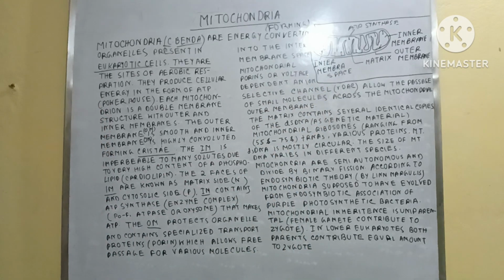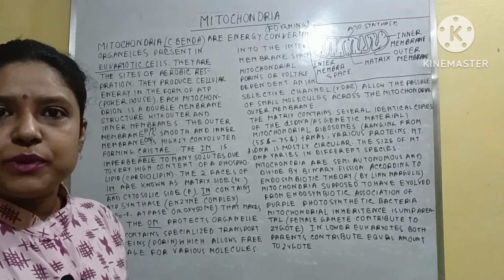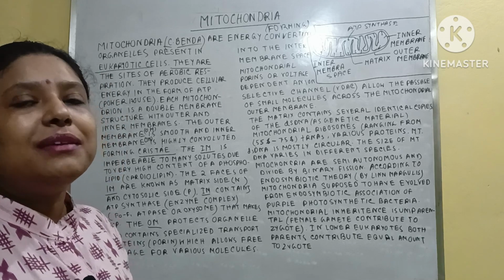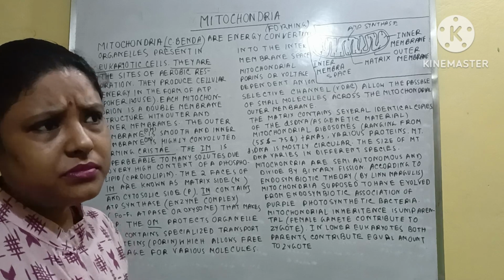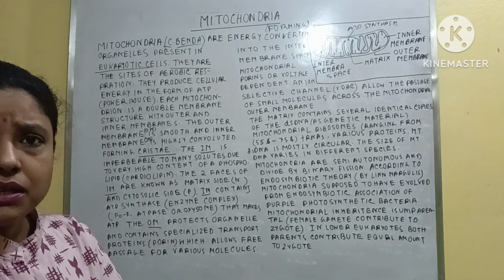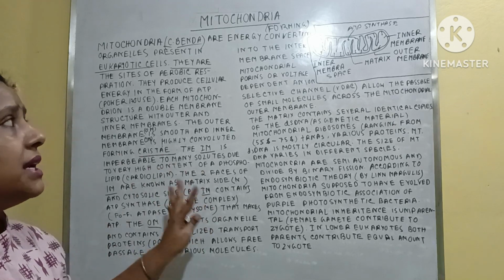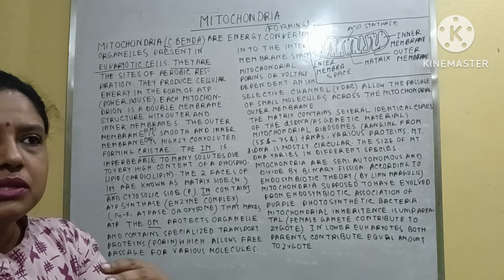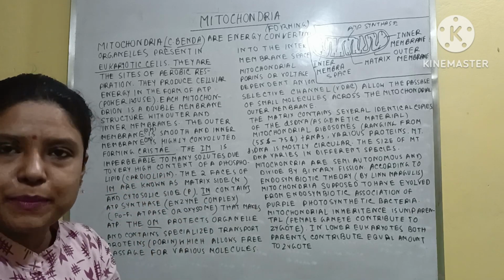That means aerobic respiration. The process of aerobic respiration, you all know, is where glucose is broken down by enzymes to form water, carbon dioxide and energy. There are two parts of respiration, one is glycolysis and another is the Krebs cycle.